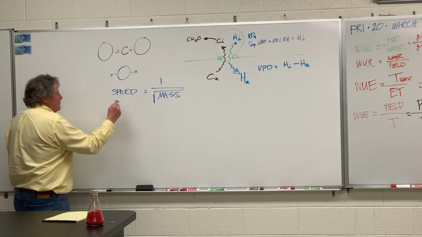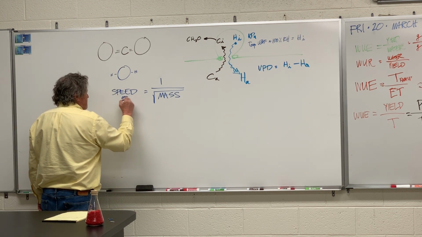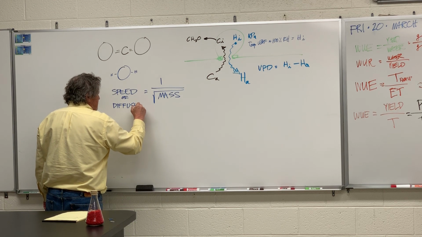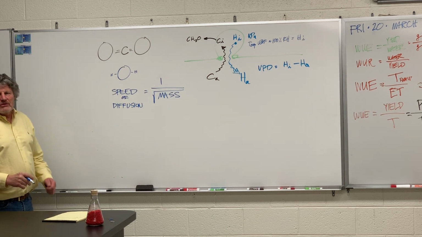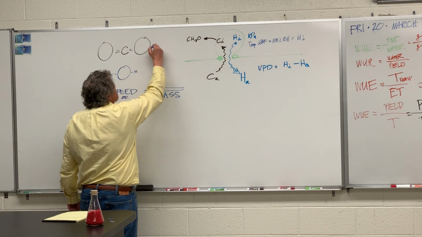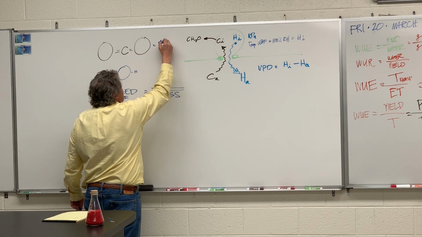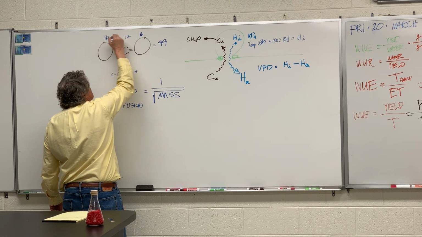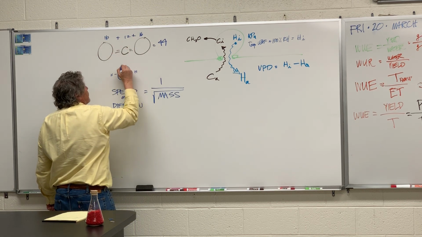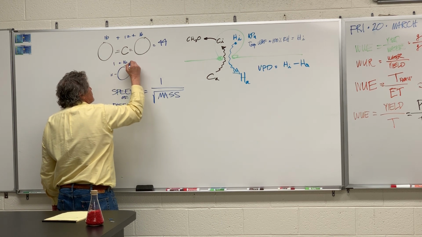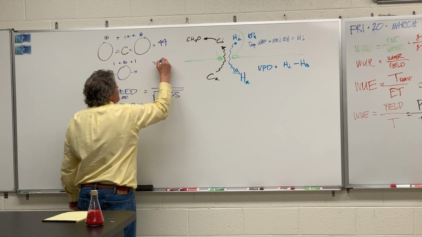The speed of diffusion is inversely proportional to the mass. Now, we know this is 44, 16, 12, 16, and we know this is 1 plus 16 plus 1, we know this is 18.